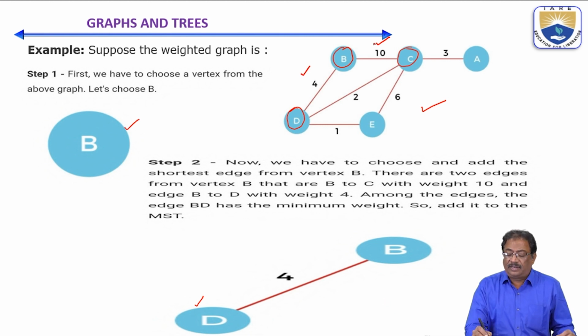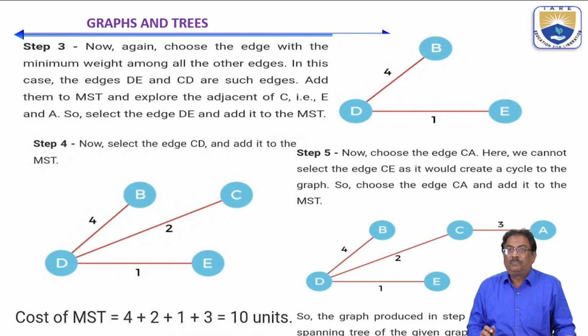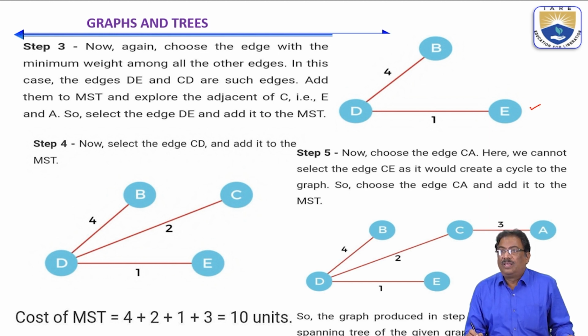So here 10 and 1. D's adjacent is E, which is not traversed, and B's adjacent is C, which is also not traversed, but the weights are 1 and 10. Among these, the weight 1 we have to select. So we select the edge DE, whose weight is 1.